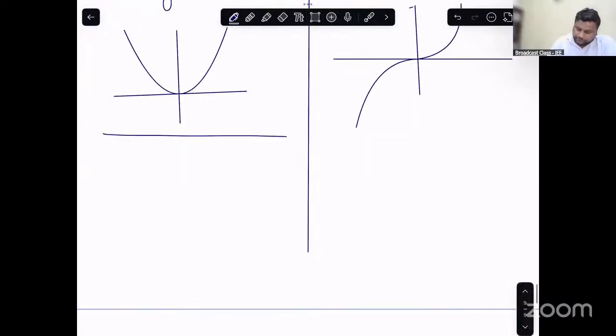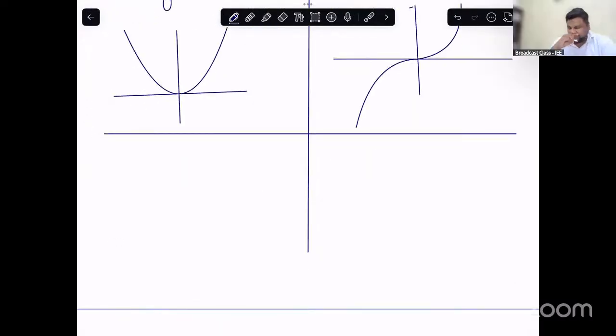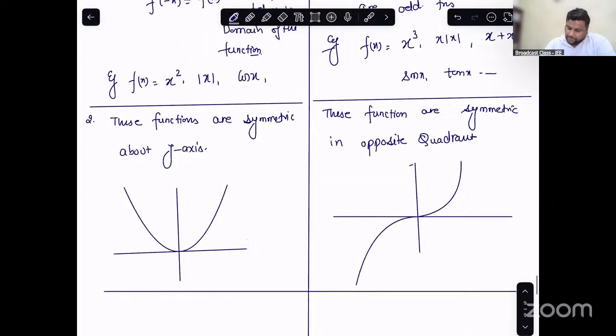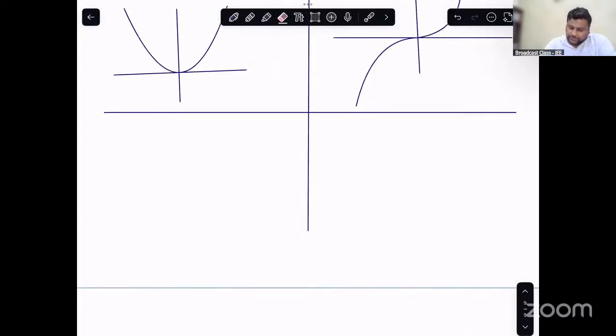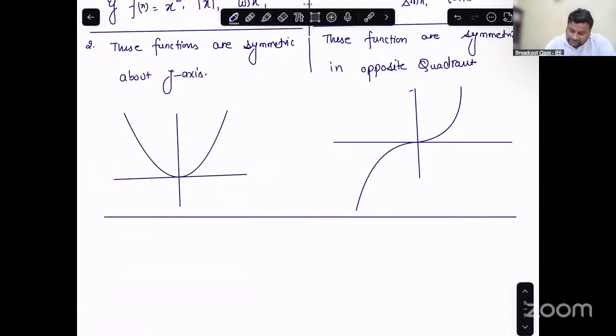Now, next point. It is not necessary that, like many-one and one-one we have seen, every function is either one-one or many-one. But here it is not the case.